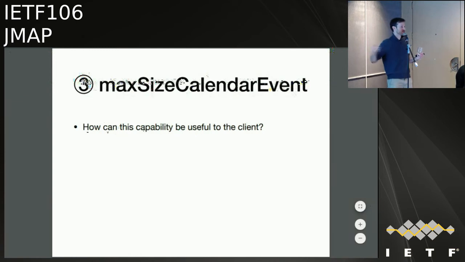You've added an extra character and suddenly you've gone over the size limit. It seems like a sensible capability, except I can't work out how on earth to expose it in a way that makes it actually useful, because unless the client knows how to calculate the size as the server is going to see it, what's the point of telling it how big a thing it can accept?